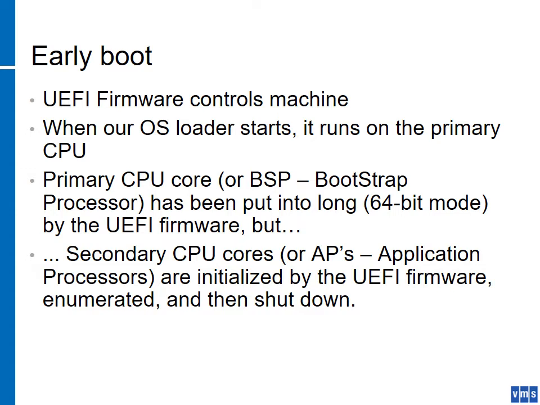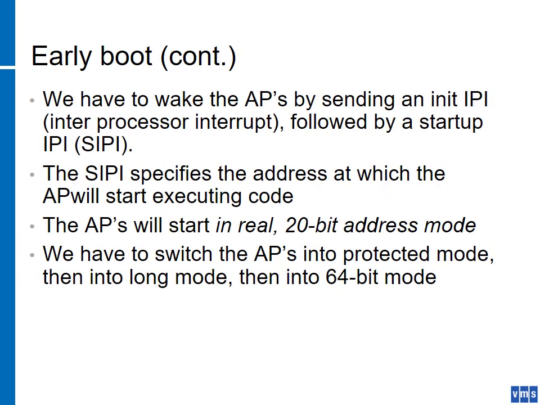So it starts them, initializes them, and then basically they execute a halt instruction which kills it. It's no longer running. By the time we get control of the system, the application processors have been stopped, halted, dead, kind of. And the only way to wake up a processor that's in a halted state is to send it something called an Init IPI, where IPI stands for Inter-Processor Interrupt.